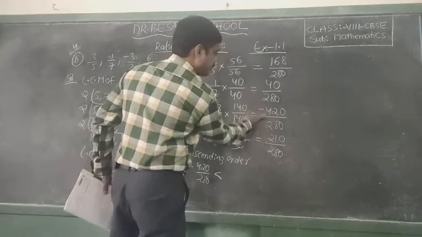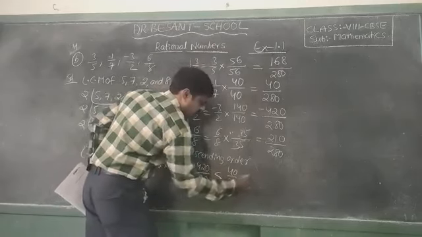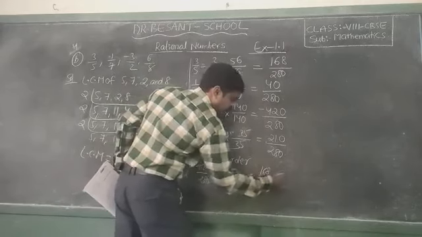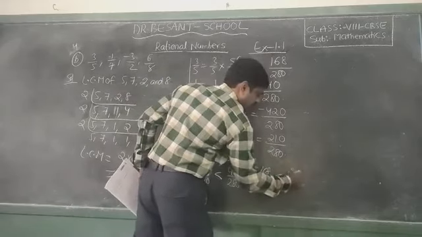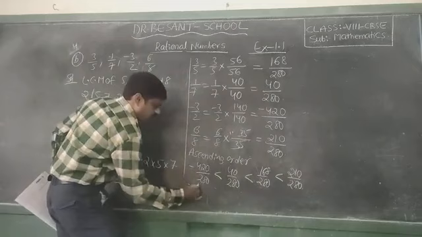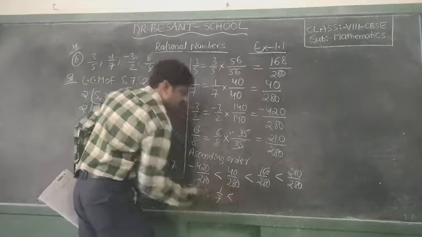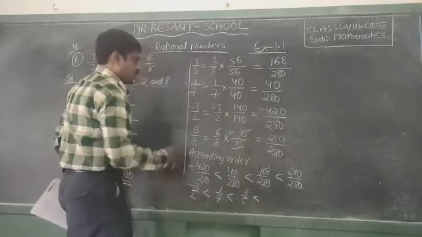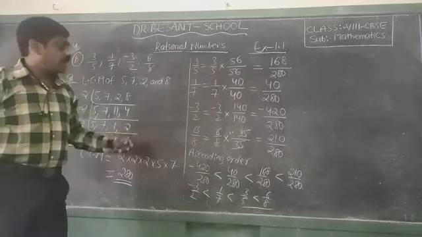Next smallest is 40 by 280, less than next, 168 by 280, less than next, 210 by 280. Minus 420, that is minus 3 by 2, less than 1 by 7, less than 3 by 5, less than 6 by 8. So this is the required ascending order.